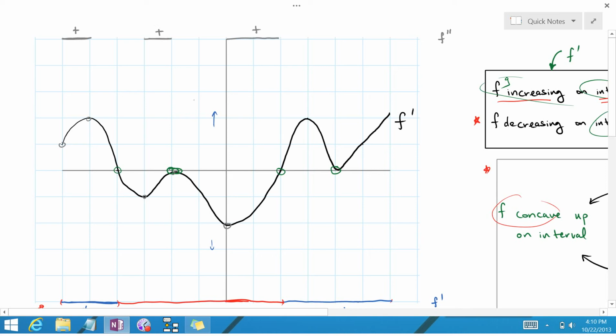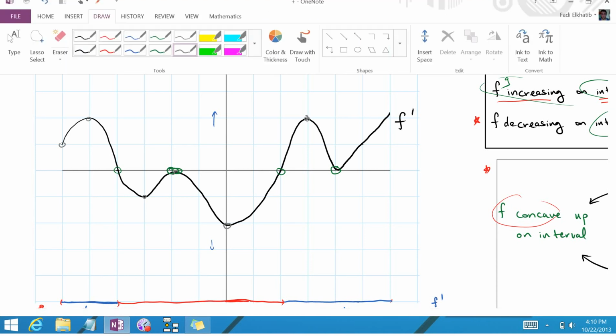And then, oh wait, sorry. Actually, we're increasing all the way up to here. So I should have gone 3 squares over. We're increasing all the way up to here. And then we decrease for a little bit, and then we increase from here to here. So those are all the places where f double prime is positive because f prime is increasing.